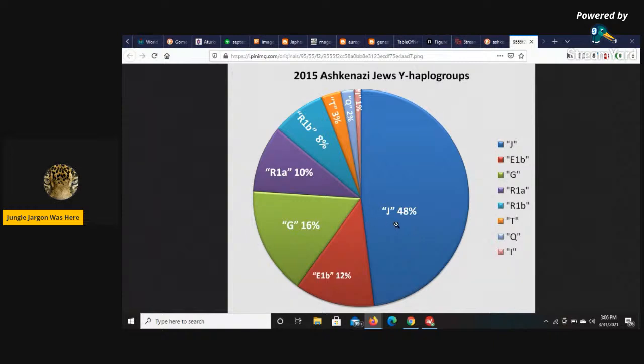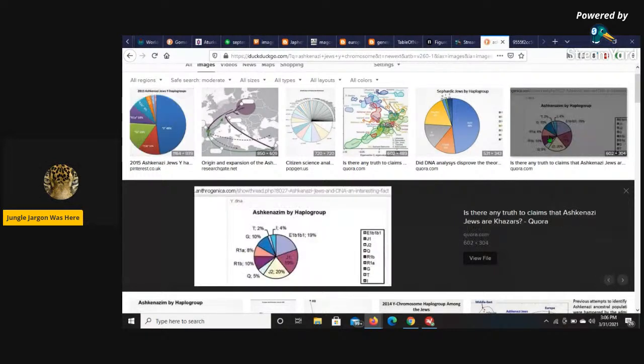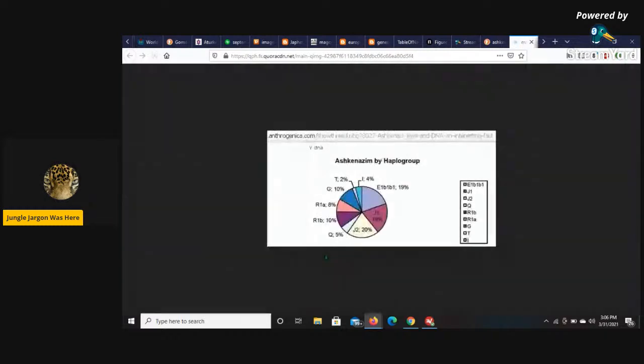The J, 50% is Abrahamic. Now, that's going to be divided into the J1 and the J2. The J1 is Arabic. The J2, 20% is Judaic, which is the largest percent. The E1B here in this sample is 19%.